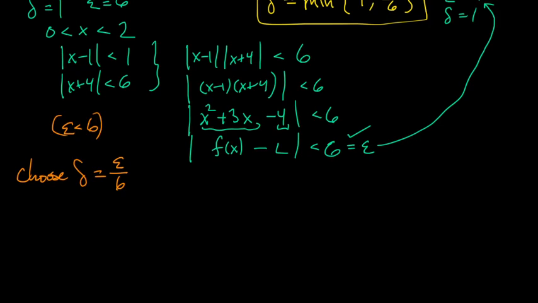So, the absolute value of x minus 1 times the absolute value of x plus 4. The absolute value of x minus 1 is less than delta. Maybe I'll put that on the left here. So this is less than delta, which is epsilon over 6.